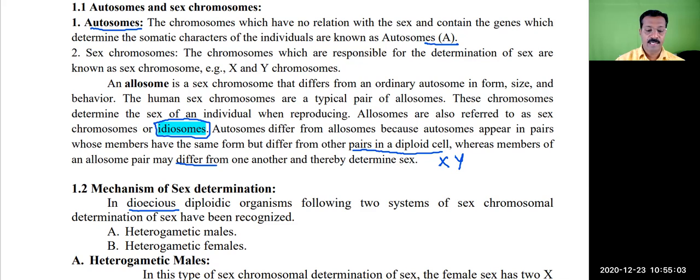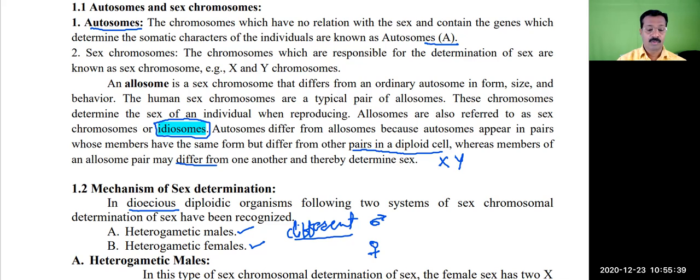One is heterogametic male and one is heterogametic female. Hetero means different. Here the gametes are different from each other, and that's why it is called heterogametic. So these heterogametic chromosomes are found in male, as well as in female.